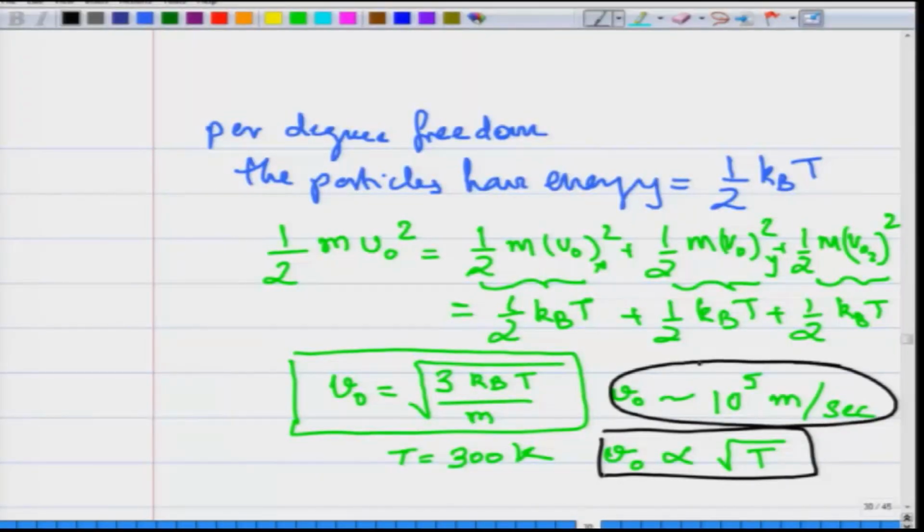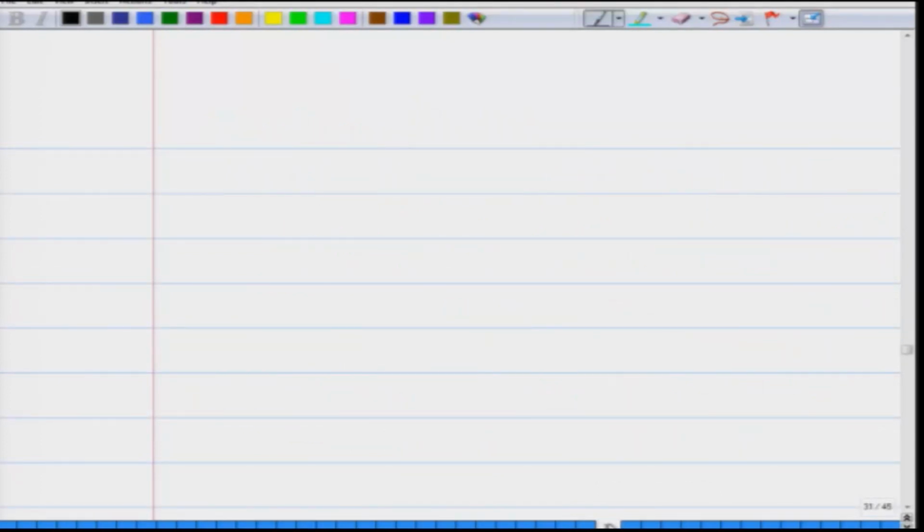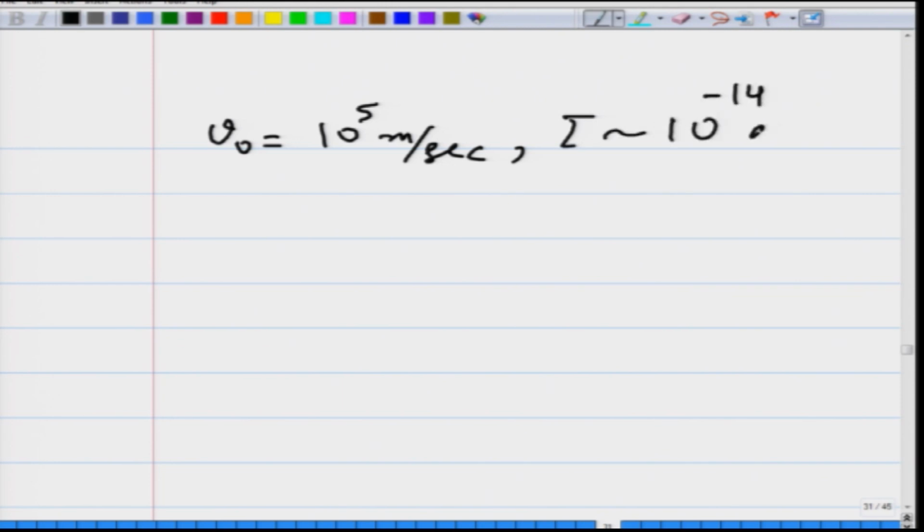Now let us recall the value of the velocity, which is 10⁵ meters per second, and tau is like 10⁻¹⁴ or 10⁻¹⁵ seconds.